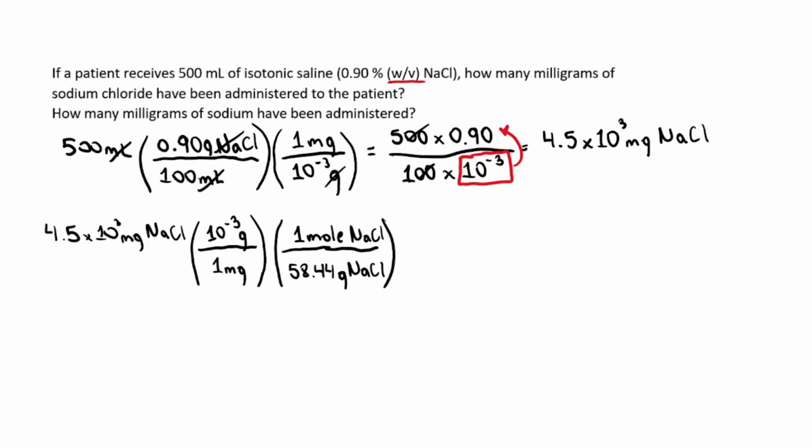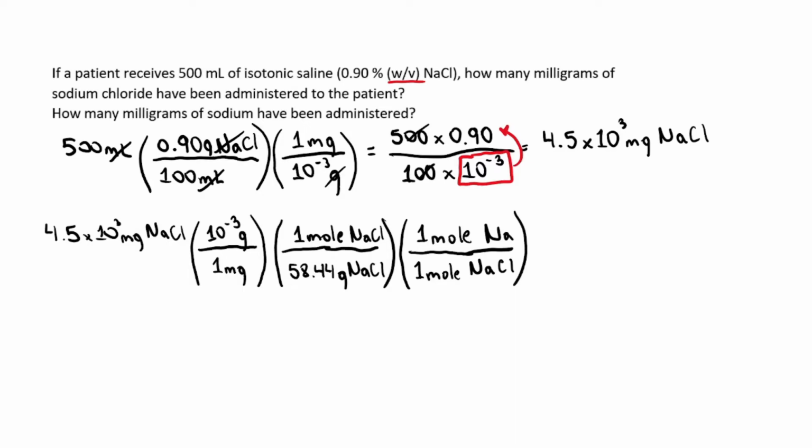Okay, now that we are in moles of sodium chloride, we can use our subunits to convert from sodium chloride to just sodium. So for every 1 mole of sodium chloride, you get 1 mole of sodium, because as you can see, there's only 1 sodium for 1 mole of sodium chloride.